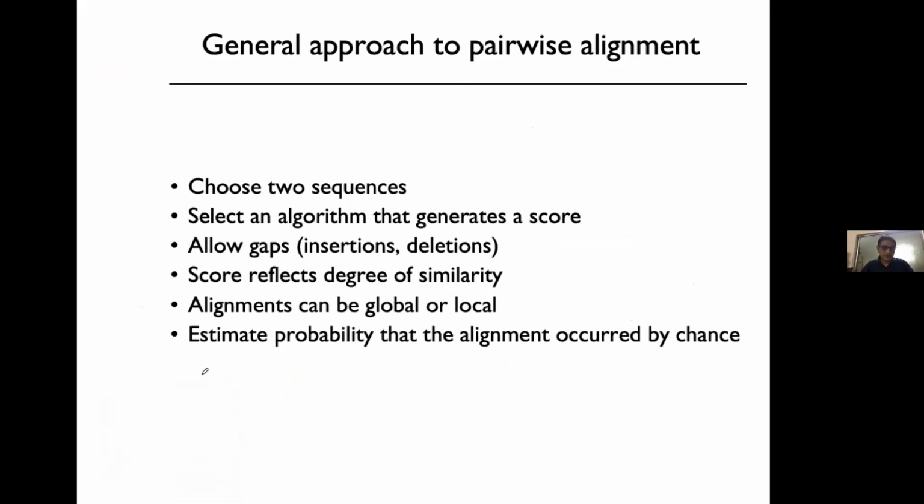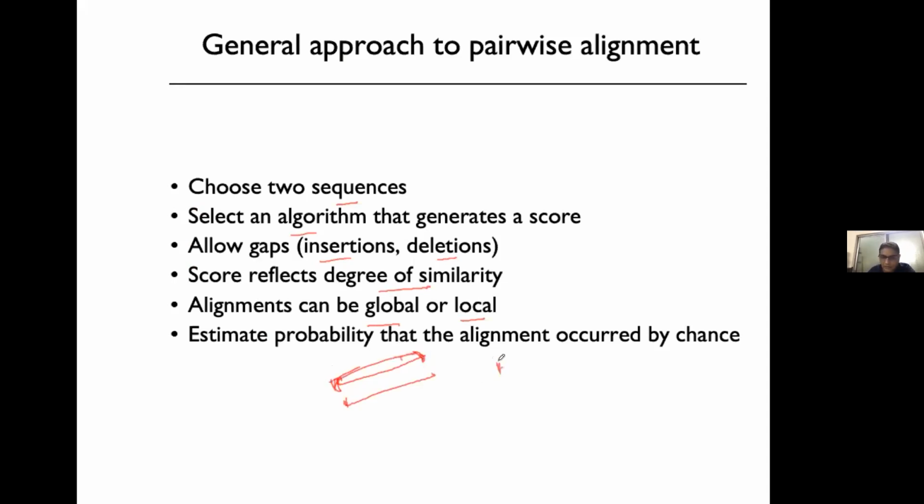So you need to choose two sequences, and you need to select an algorithm that generates a score, where you can provide the insertions and deletions, and the degree of similarity is defined. It can be global or local. Global alignment is when you align your sequences throughout the whole length of the sequences.